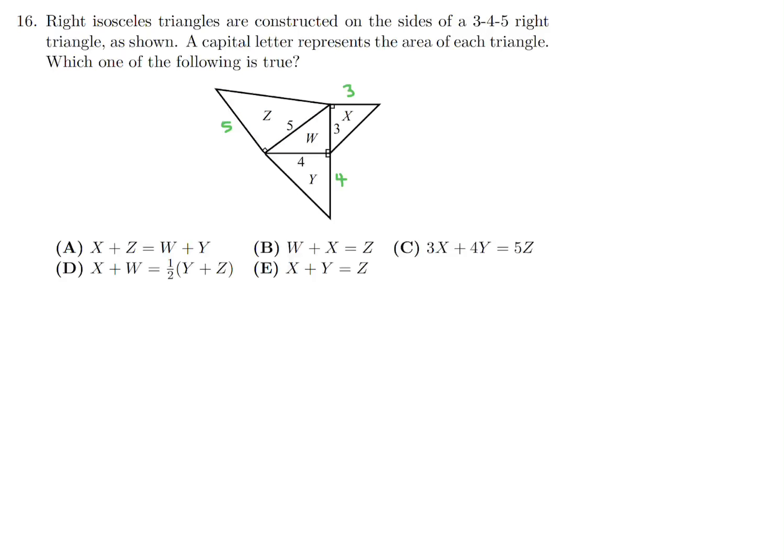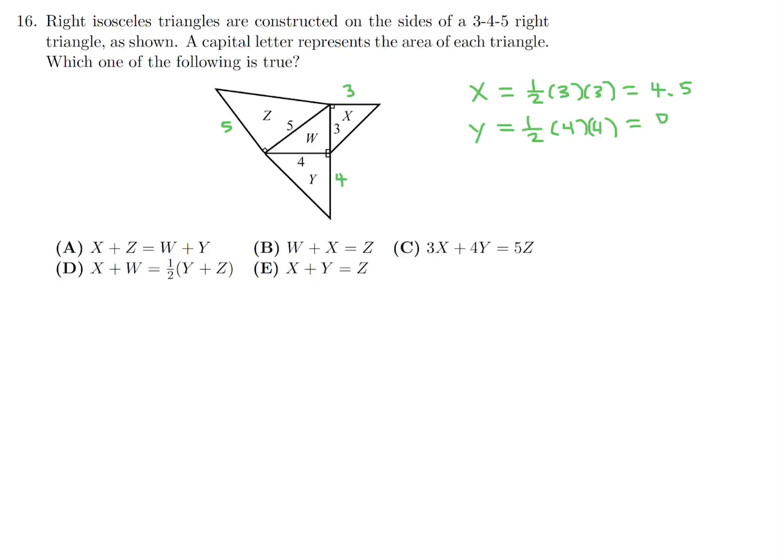So we can quickly figure out the area with just 1/2 base times height. X is 1/2 base times height. 3 times 3, like that. So that is 9 over 2, which is 4.5. Very similarly, y is going to be 1/2 base times height, 4 times 4, which is 16 over 2, which is 8.